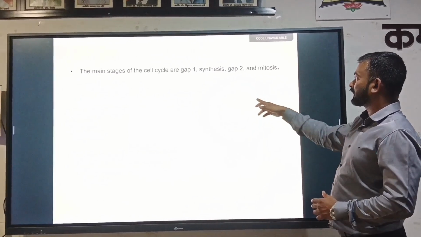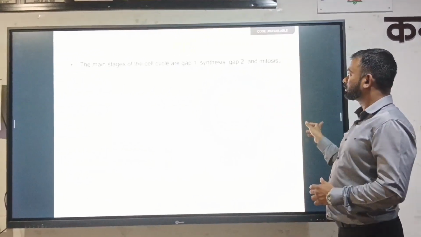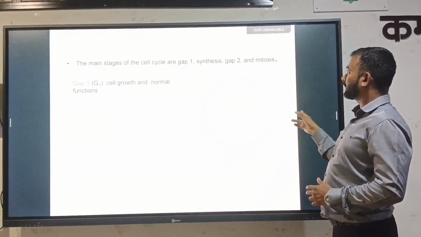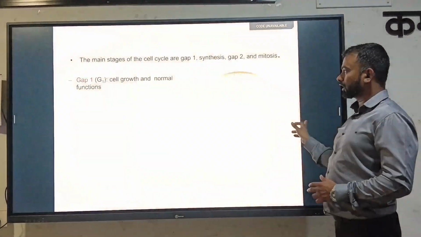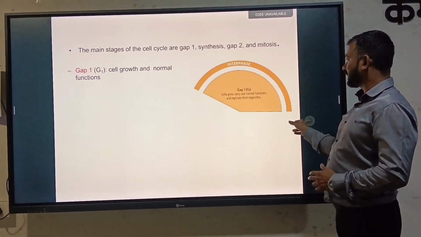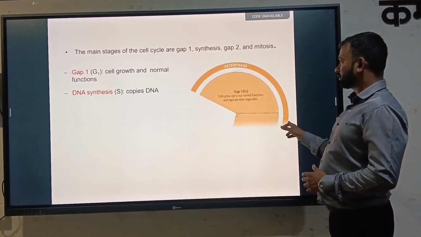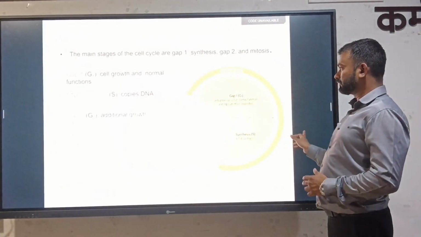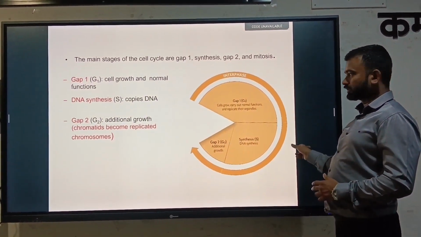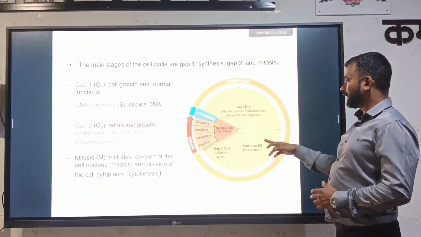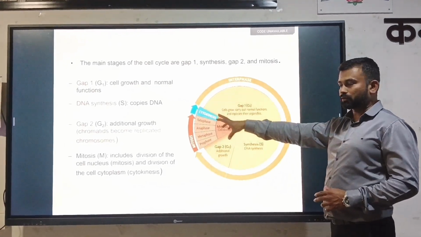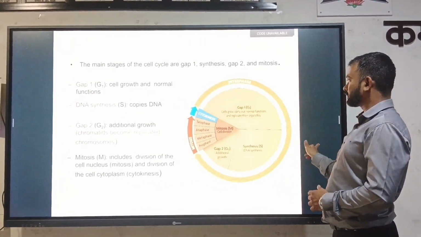The main stages of the cell cycle are the gap 1 phase, synthesis phase, gap 2 phase, and mitosis, which is discussed earlier. So this is the gap phase. Next is the synthesis phase. This one is the G2 phase, and this is the mitosis, which we are going to focus on in today's lecture.